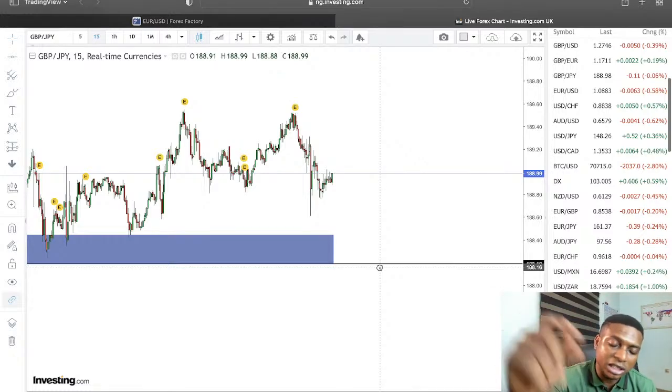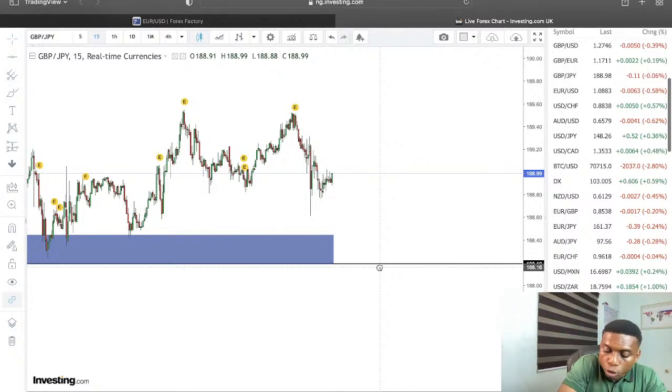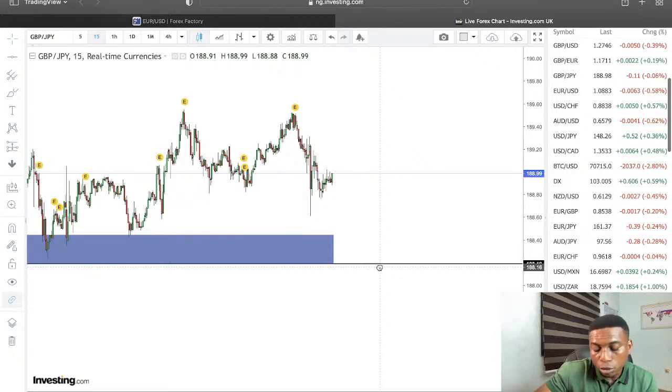You are not interested in holding it over the day. But when it comes to holding it overnight, you want to look at the weekly, the monthly, then the daily time frame. That would really help you to hold and sustain your trade.